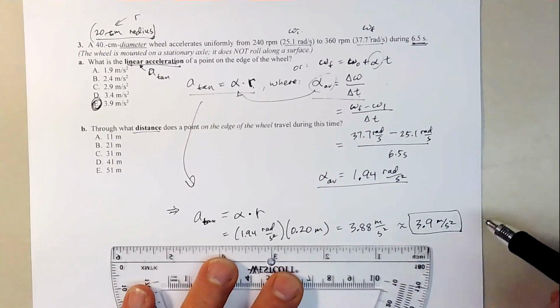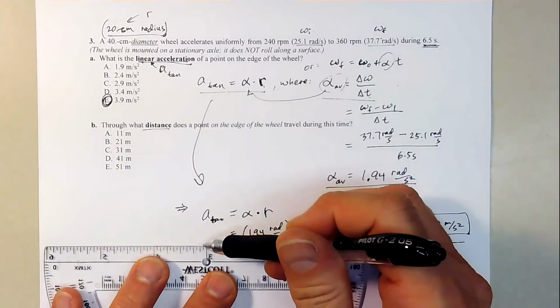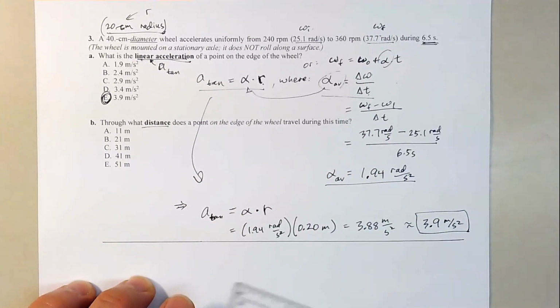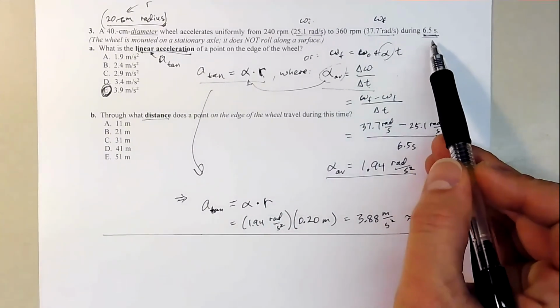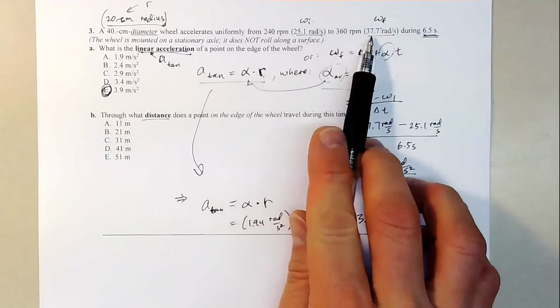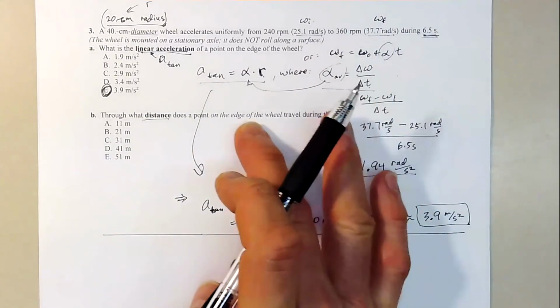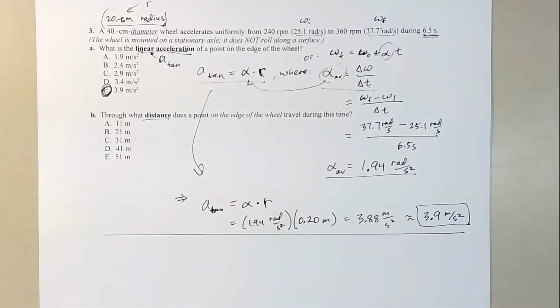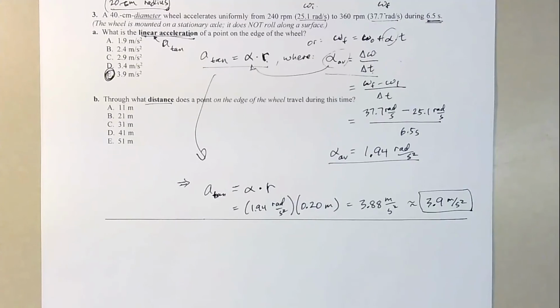All right, now let's consider part B. Part B is asking, suppose that we follow along that point on the edge of the wheel during the entire 6.5 seconds of this spin up period. We want to find out the total linear path length through space that point on the wheel traces out during this spin up time.